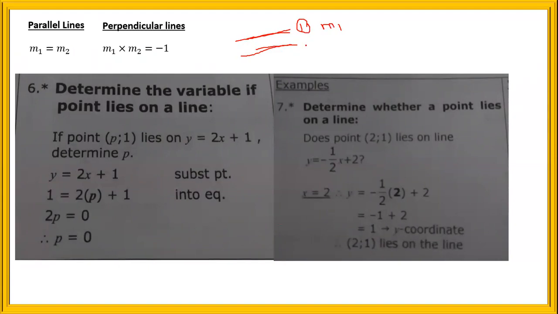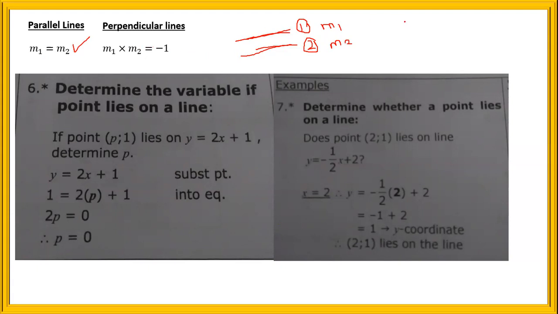If the 2 lines are parallel, this means that the gradient of the second line is also the same. So take note of that. Gradient of the first line is equal to gradient of the second line. That is if the 2 lines are parallel.